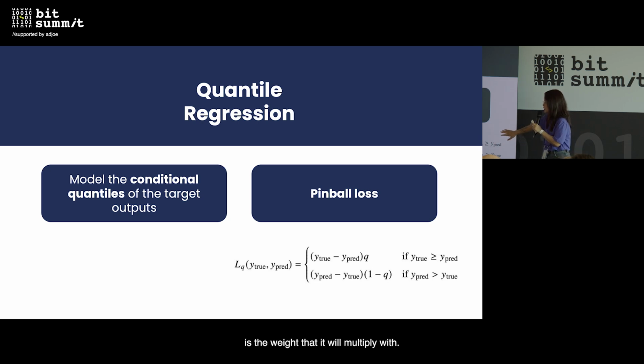And the second part is the weight that it is multiplied with. If the model underbids, it will be multiplied with q, the quantile. And if it overbids, it will be multiplied with 1 minus q. So you can see here that the loss is not symmetrical like in regression.